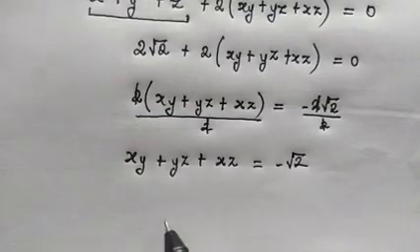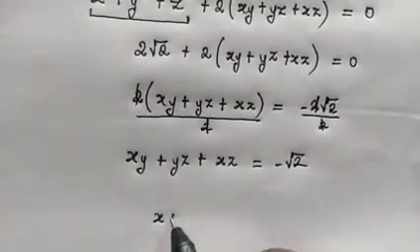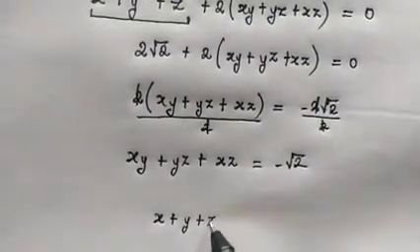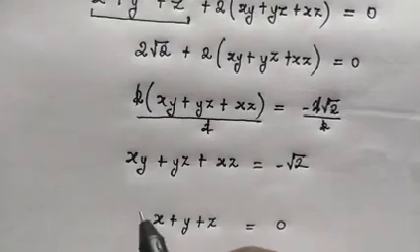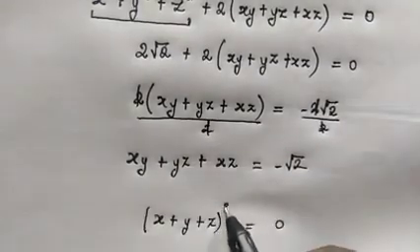Okay, from equation 1, once again, let's cube both sides. So x plus y plus z is equal to 0. Let's cube both sides and see what happens next.